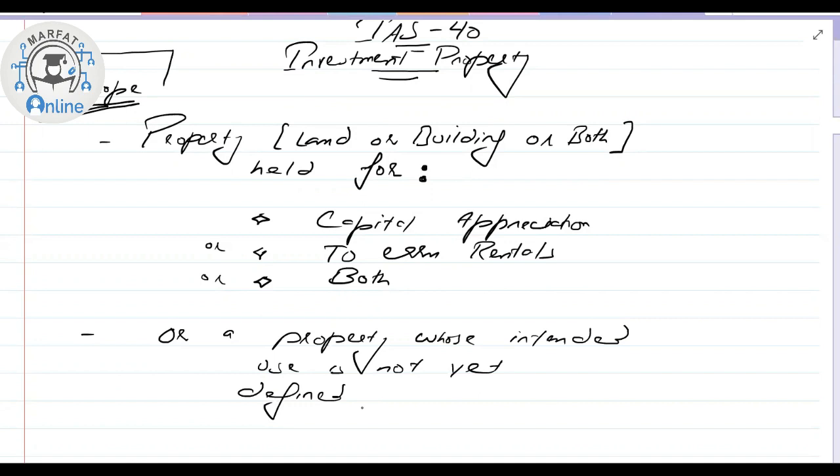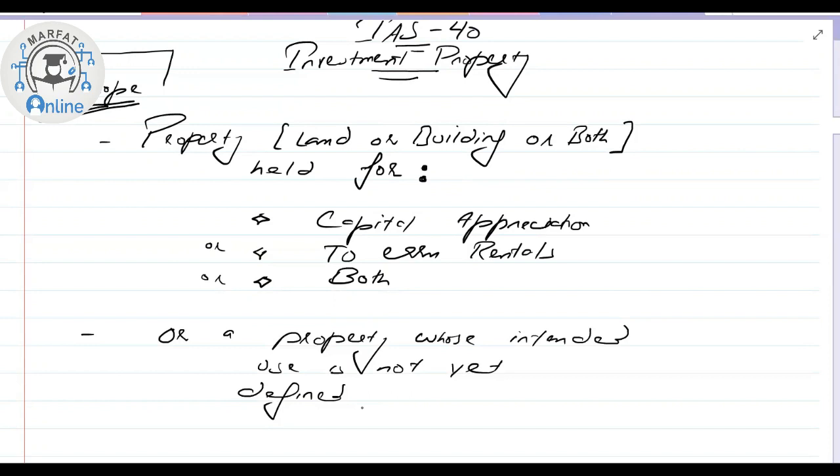Like say for example, a company bought a piece of land. Now they are deciding whether to sell this land, whether to keep this land and have some increase in the value, whether to build something on it, such as a warehouse or a building. So they are yet in a phase of deciding what to do with the land.